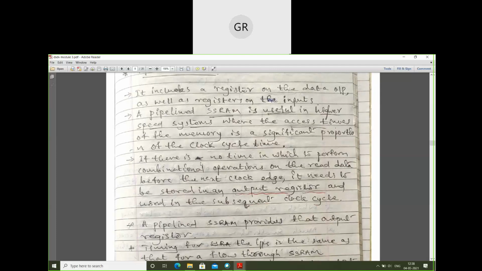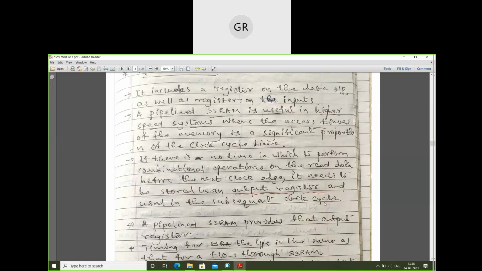If there is no time in which to perform combinational operations on the read data before the next clock cycle ends, it needs to be stored in an output register and used in the subsequent clock cycle.